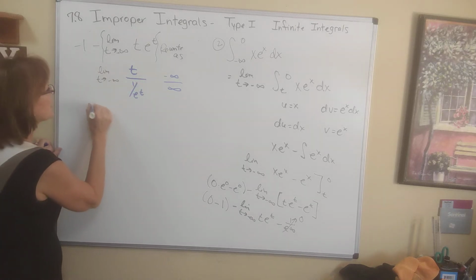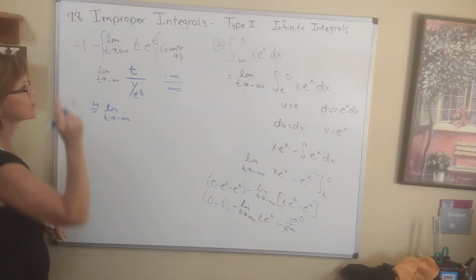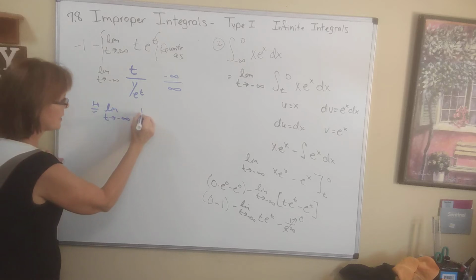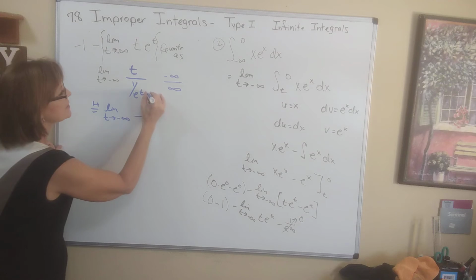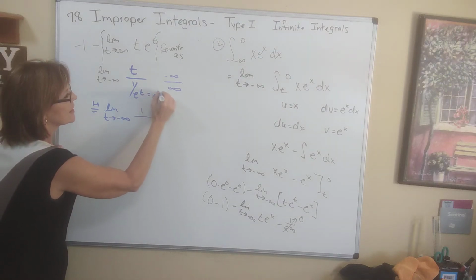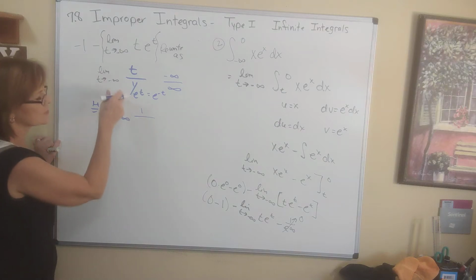So by L'Hopital's rule, the limit as t goes to negative infinity is equal to the derivative of the numerator, which is 1, over the derivative of the denominator. So I want to think of this as e to the negative t because it's a little bit easier. So e to the negative, then I don't have to use quotient rule.